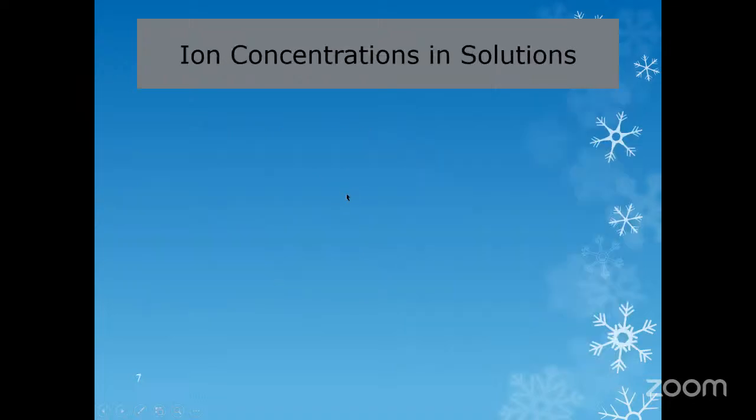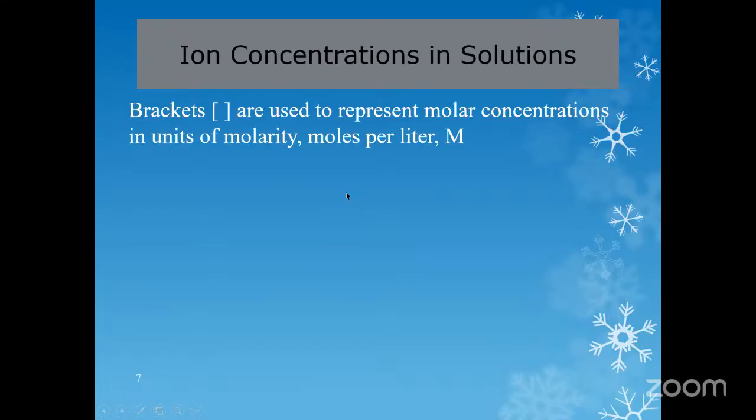Now, when it comes to strong electrolytic solutions, we can actually determine the concentration of the different ions based on how the compound dissociates. Now, before we get into looking into that, I want to introduce to you this representation, which you may not have been introduced to in your previous chemistry experience. Whenever you see the formula placed within square brackets or parentheses, basically what that means is molar concentration of what's within the parentheses, all right?